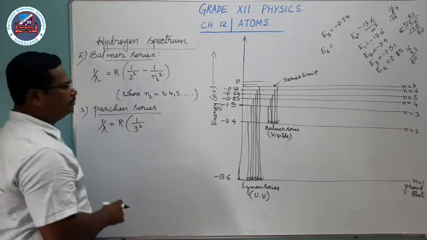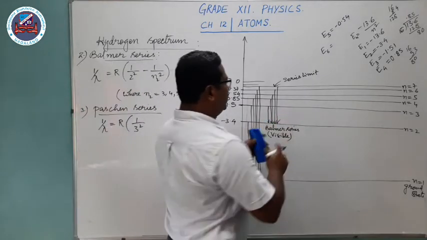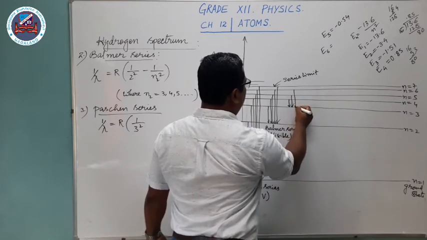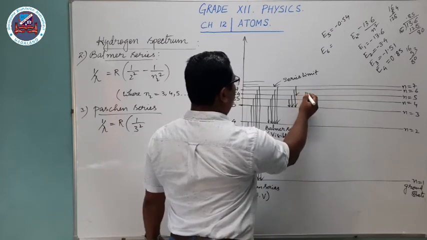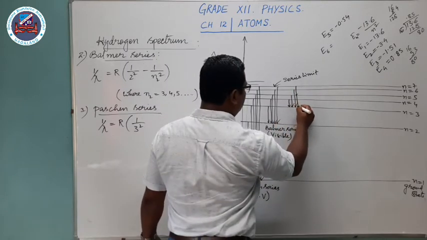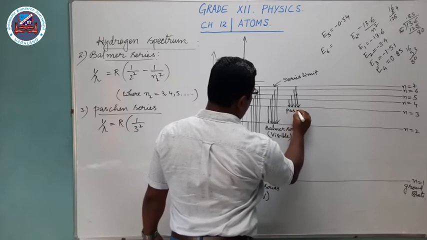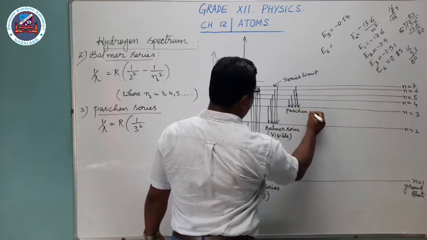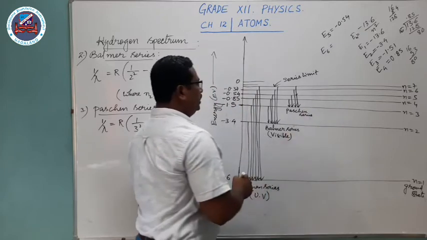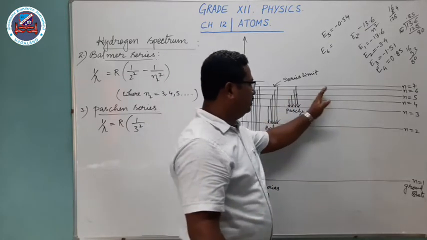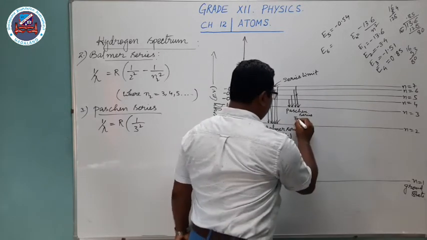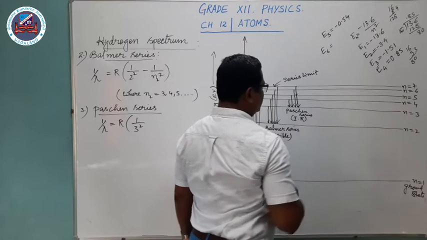The electron will jump to n equal to 3 from any of the higher orbits. Then we get the Paschen series. The Paschen, Brackett and Pfund series are visible in the infrared region of the spectrum.